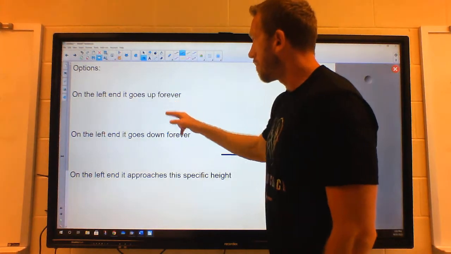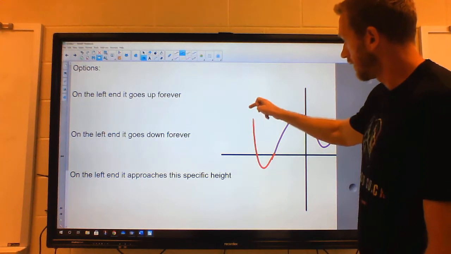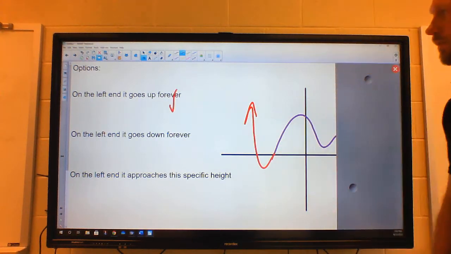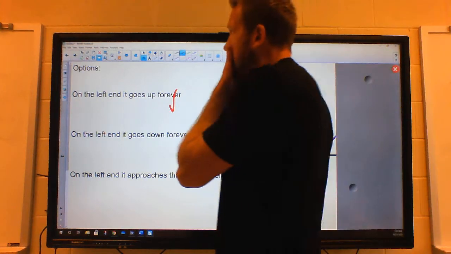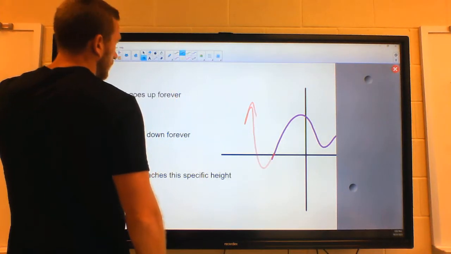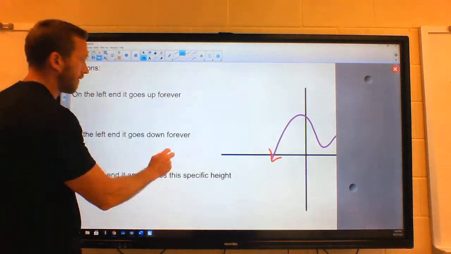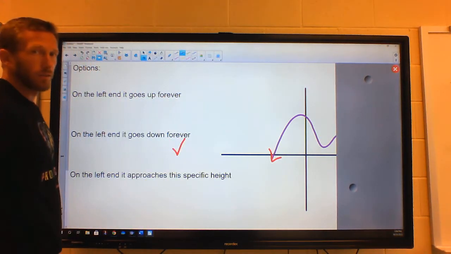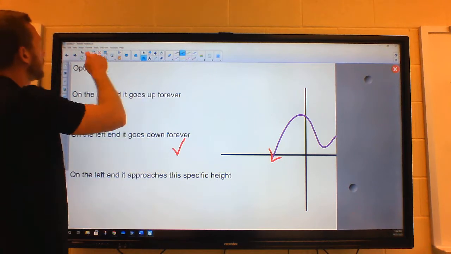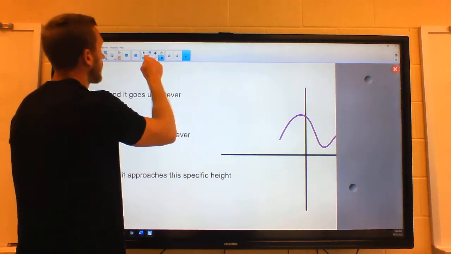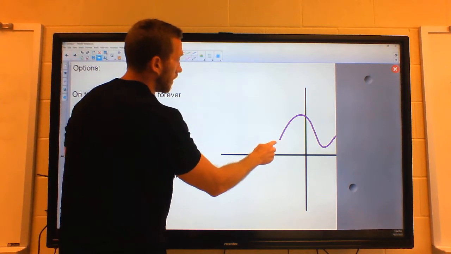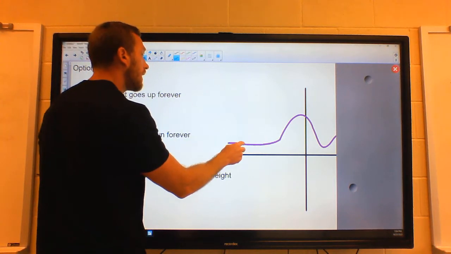It can either go up forever, that would look like this. The left side can go up forever. Or it can go down forever, that would look like this. Or it could actually flatline and approach a specific height.